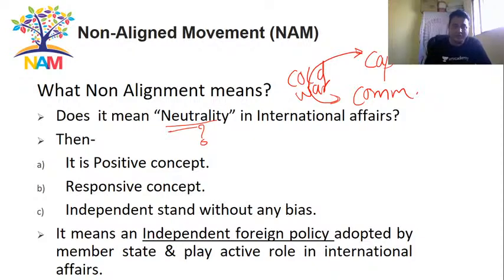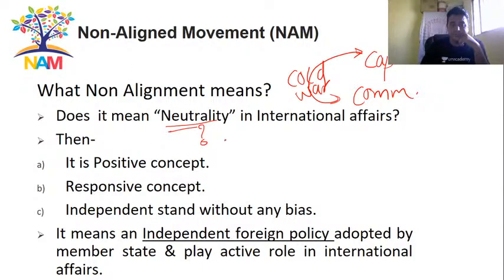Yes, everyone, what do you think? Neutrality. Yes, Pranali, what do you think? What does this neutrality mean?